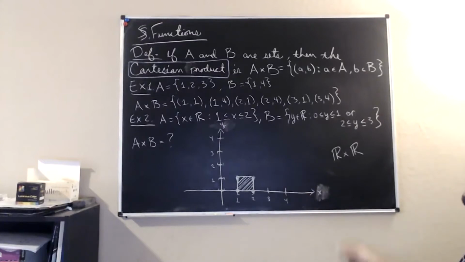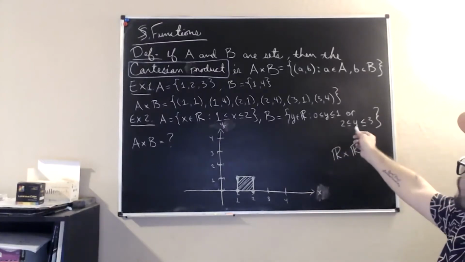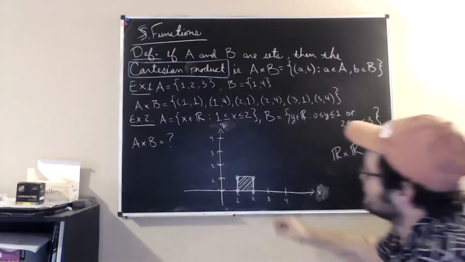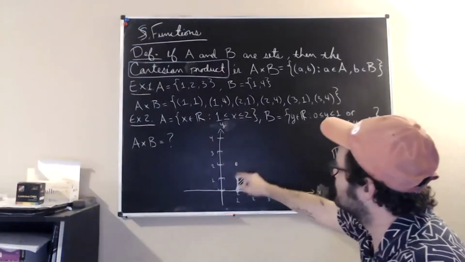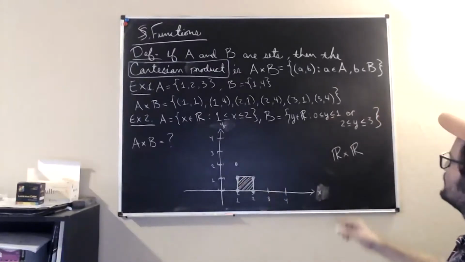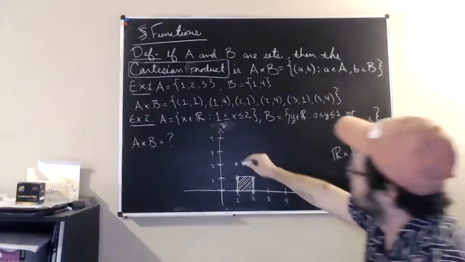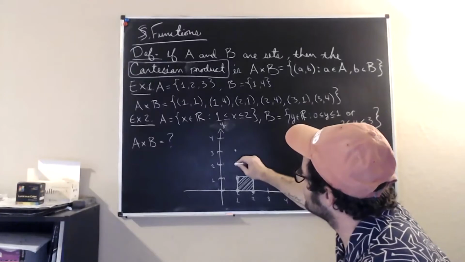But then you can do the same thing for all y between 2 and 3. So you have fix x at 1, 1, 2 is in that Cartesian product, 1, 3 is also in that Cartesian product, and everything in between them.